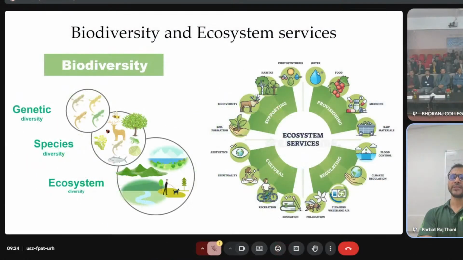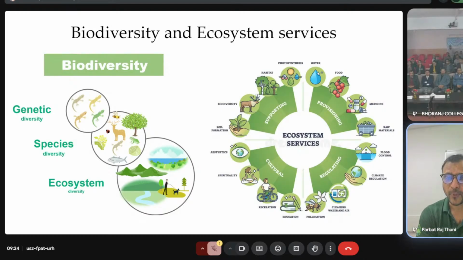Provisioning services means different types of consumable items, like fruit, trees for timber production, water, different medicinal and aromatic plants that give different constituents, for example phytoconstituents, and even raw materials, soil, water, and other things.